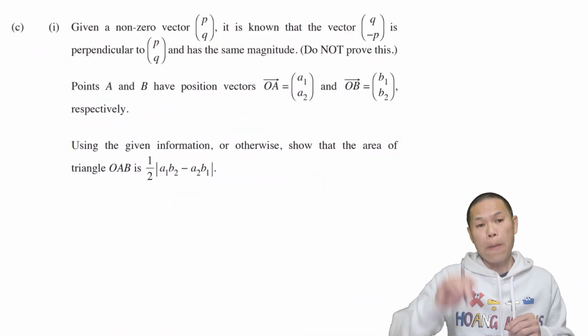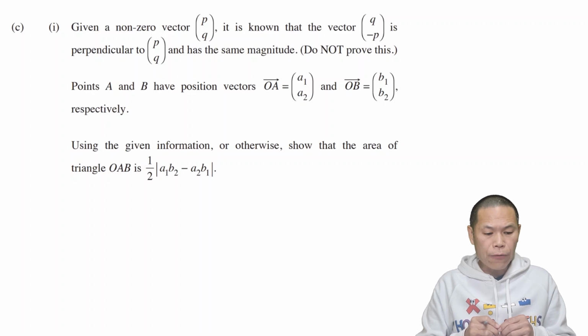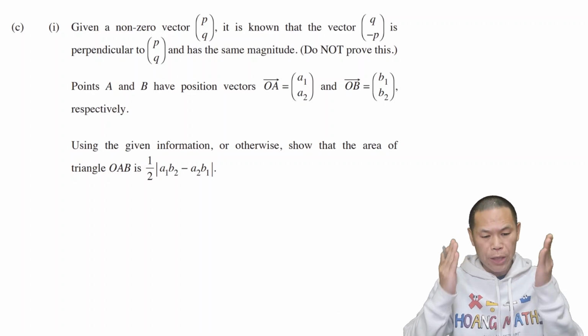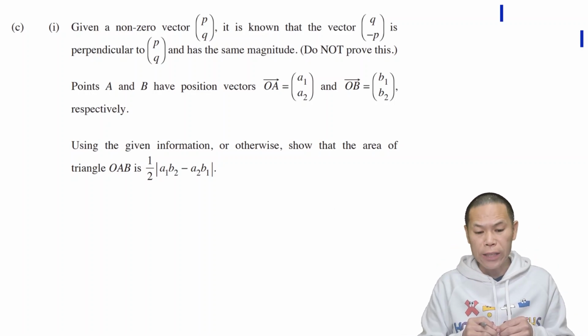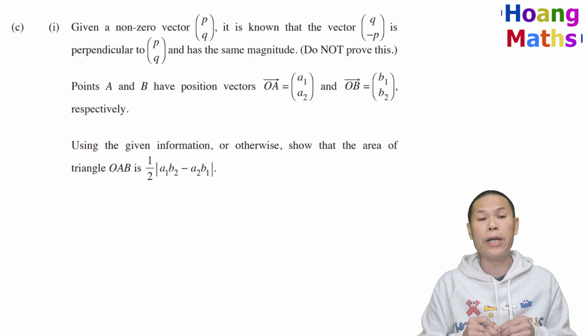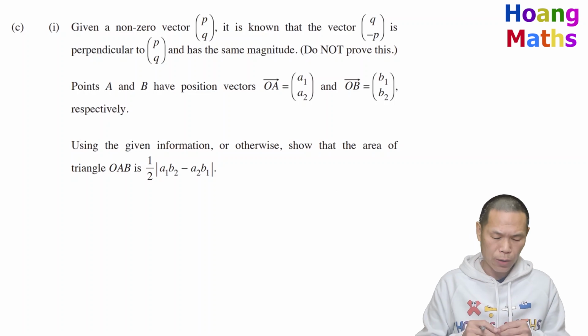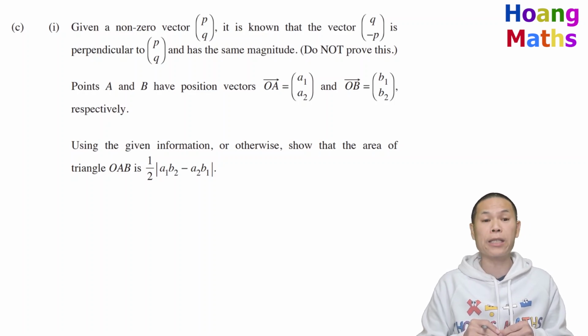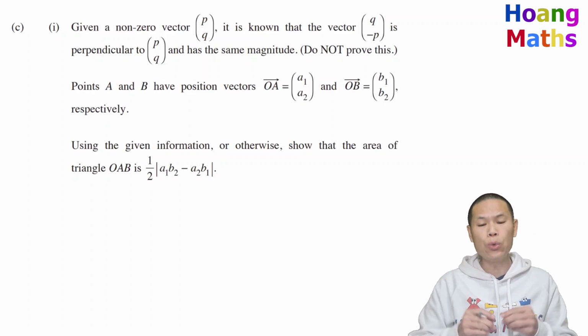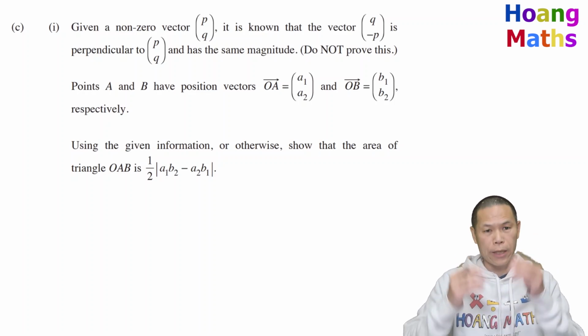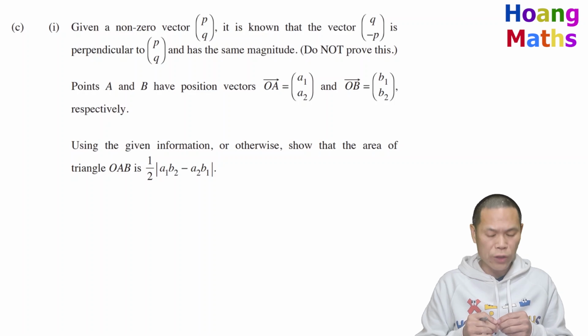Question 14, part I. Given a non-zero vector PQ, it is known that the vector Q negative P is perpendicular to PQ and has the same magnitude. Points A and B have position vectors OA is A1, A2, and OB is B1, B2 respectively.